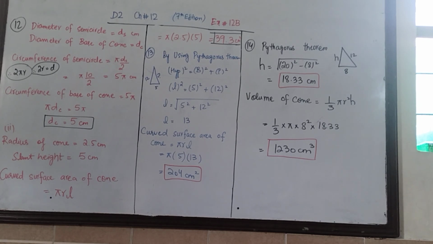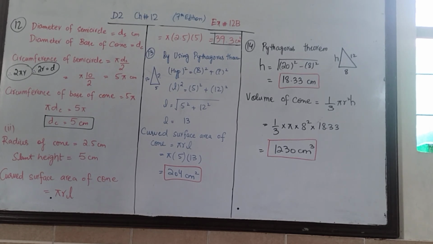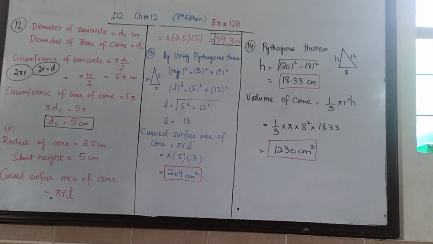Now let's move towards question number 13. Here we are given a cone that has a circular base of radius 5 centimeter and a height of 12 centimeter. We are given the radius and height. I have drawn the right angle triangle which looks like this, and you have to find the curved surface area of the cone.